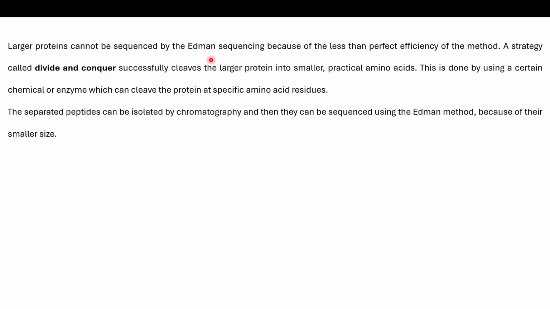And larger proteins cannot be really sequenced by Edman sequencing because of the less than perfect efficiency of the method. So a strategy called divide and conquer successfully cleaves the larger protein into smaller, practical amino acid sequence lengths.